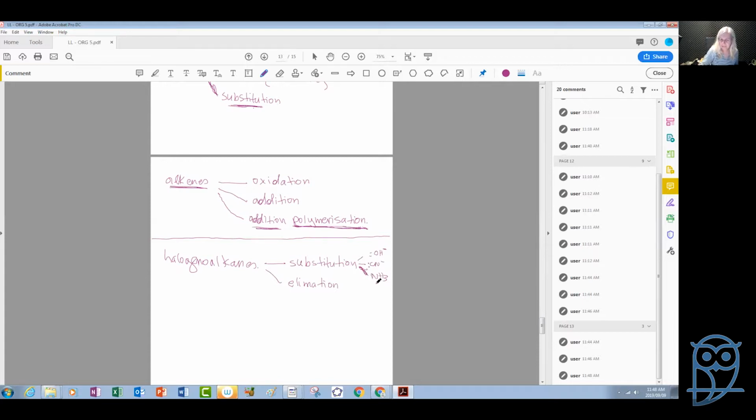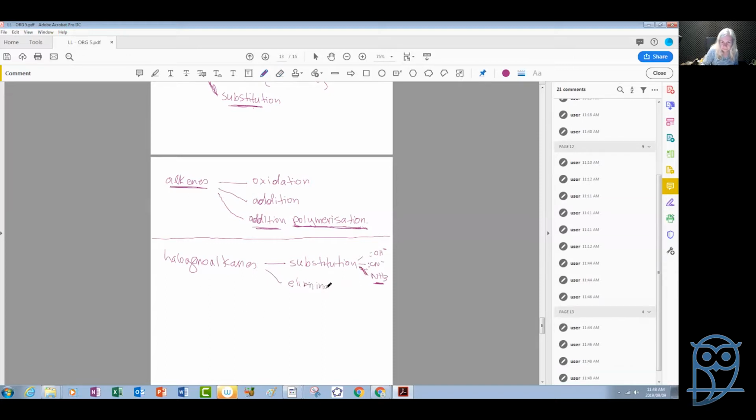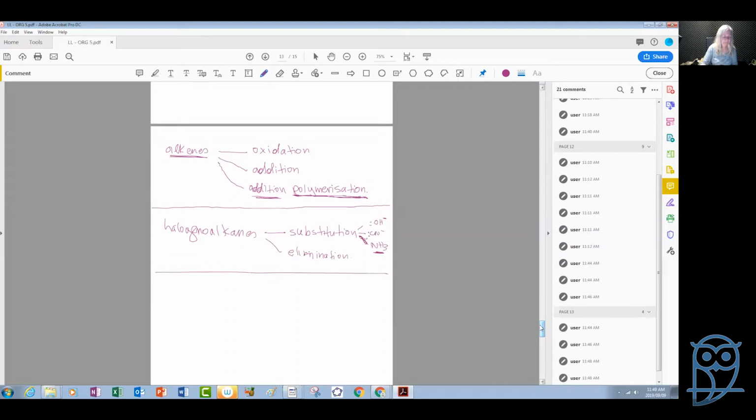Very important, and be careful because it's a little bit more complex than the others. Anyway, and what have I written here? Elimination, goodness. Elimination reactions, okay.